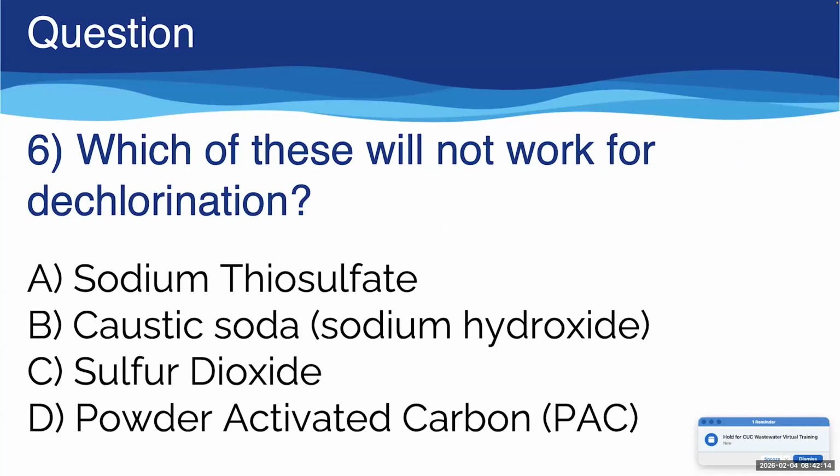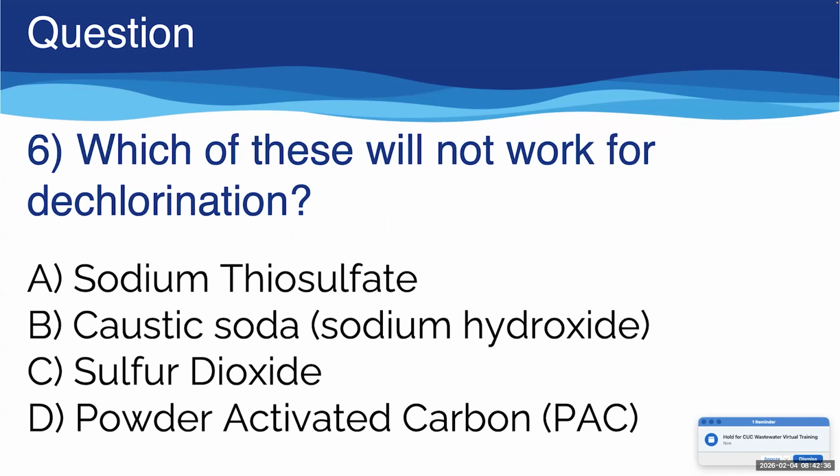All right, here's a little more hard question. Number 6, which of the compounds that's listed here actually will not work for dechlorination? And this is also a kind of exam question that you might run into on an exam.